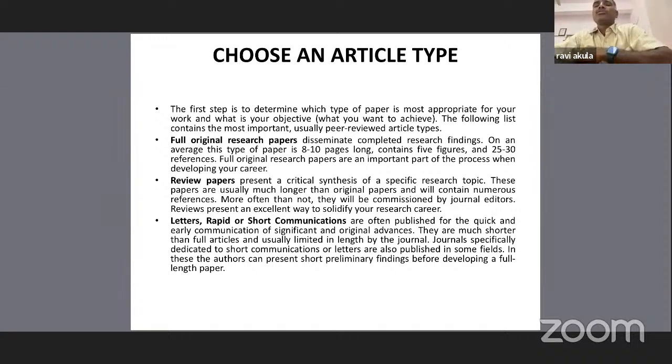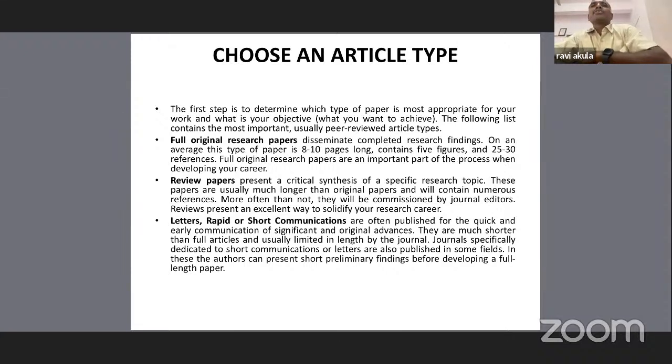These papers will have 8 to 10 pages and several figures or tables may be there. So this is at the entry stage. Usually the teachers or the researchers used to undertake this kind of research papers. And the second category of papers are review papers.